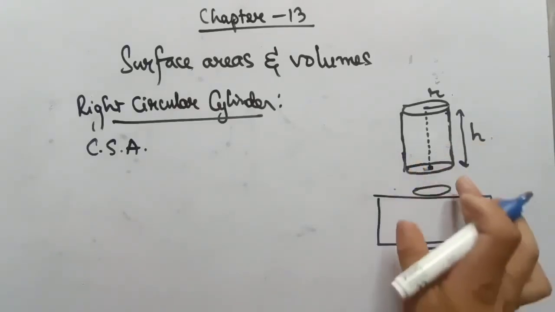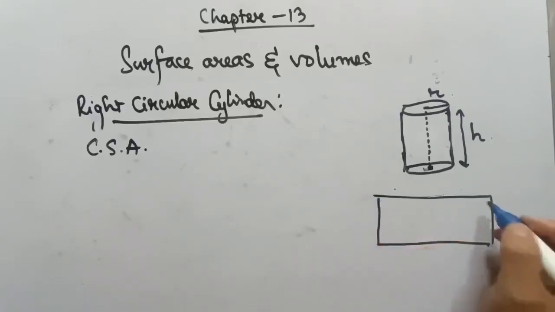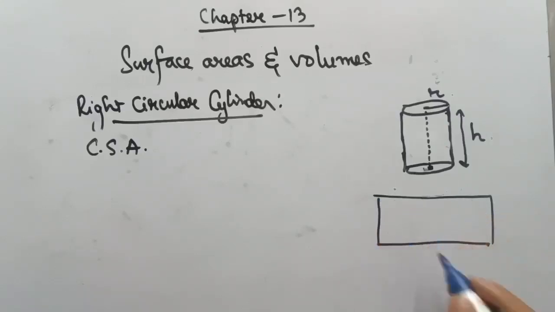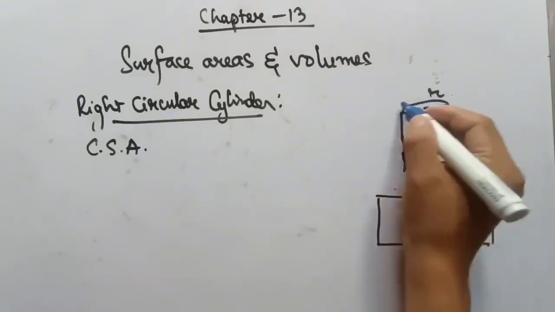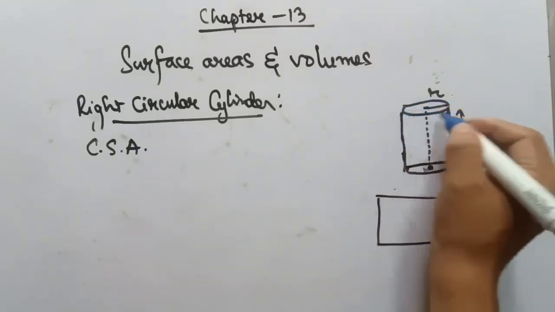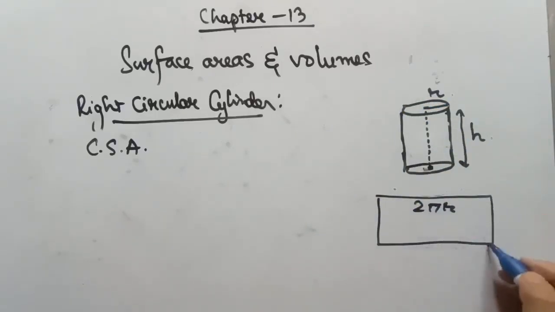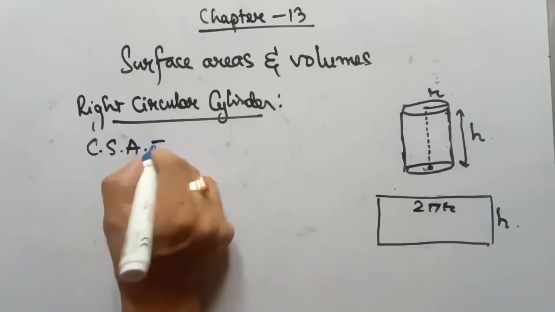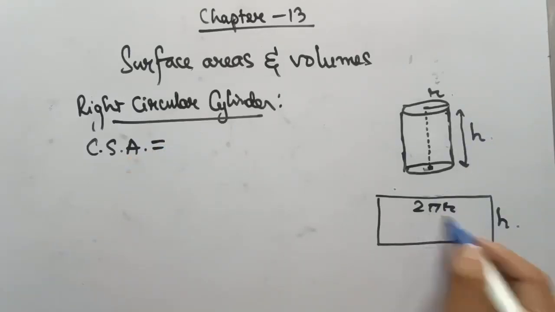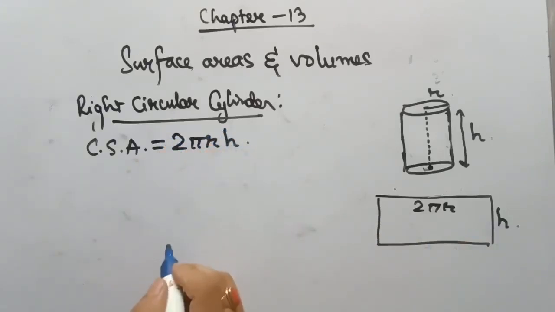So the curved surface area will be the area of this rectangular figure. The length of this rectangle will be the circumference of the circle, which is 2 pi r, and the breadth will be the height of the right circular cylinder. So the curved surface area will be given by length into breadth, that is 2 pi r h.